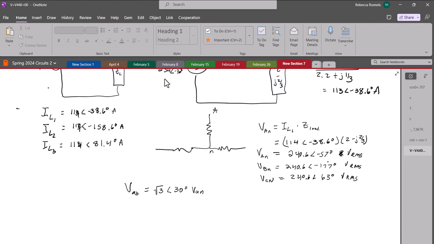We need to add 30 to the angle, and we need to multiply it by the square root of 3 to get the delta equivalent.